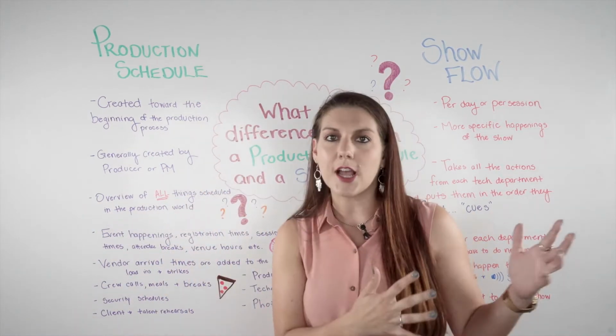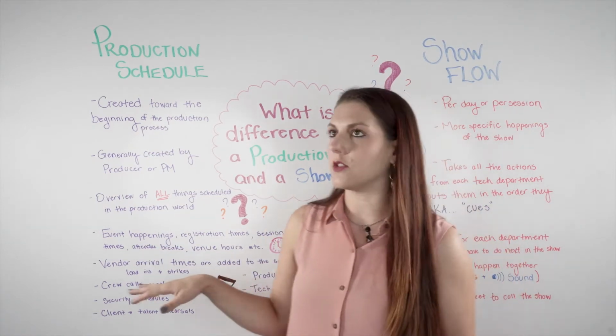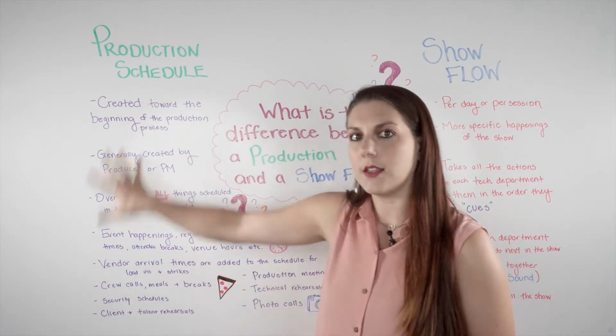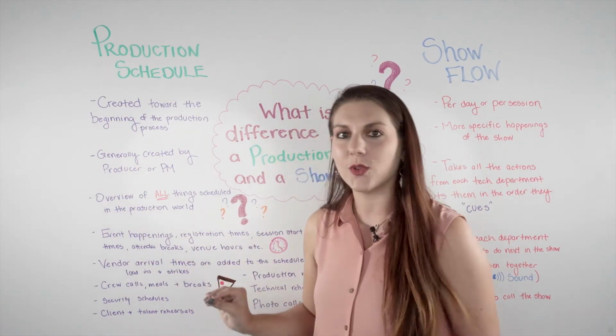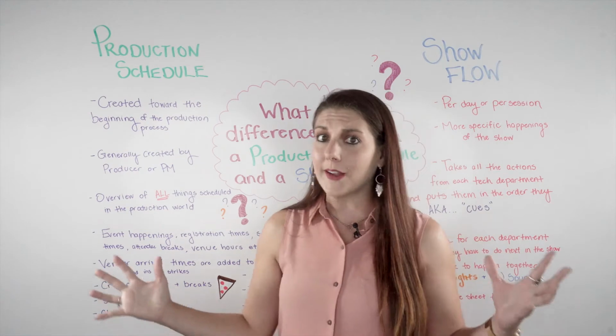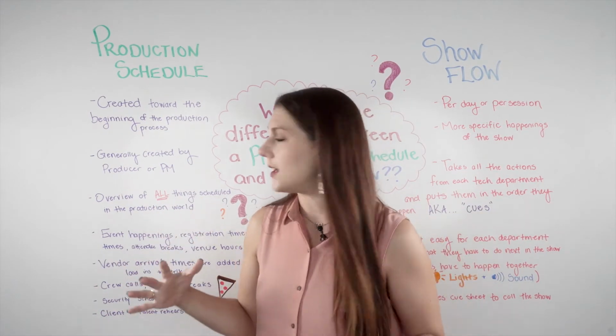Rehearsals happen at this time over here. There's a lot of different things that go on this production schedule, and to be perfectly honest, this is just a few of them. So we'll talk a little bit more about what individual things go on there, but there's so much that goes on this production schedule because so many people need to use it.